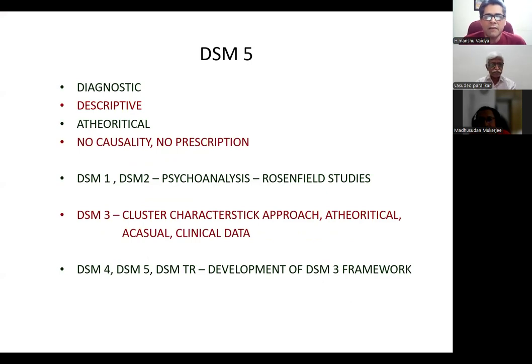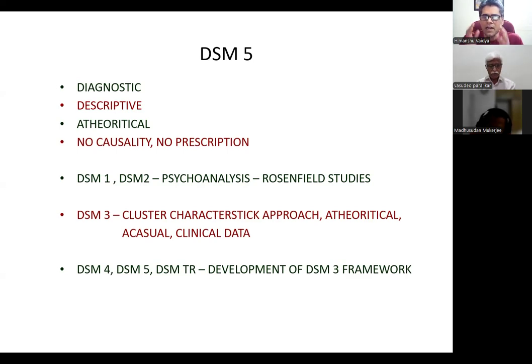So DSM-5, as the name suggests, is a diagnostic and statistical manual. So essentially, it's a diagnostic manual. It's a descriptive manual in the sense it describes a disorder. It does not go into the causality of the disorder. It does not go into the prescription of the disorder.